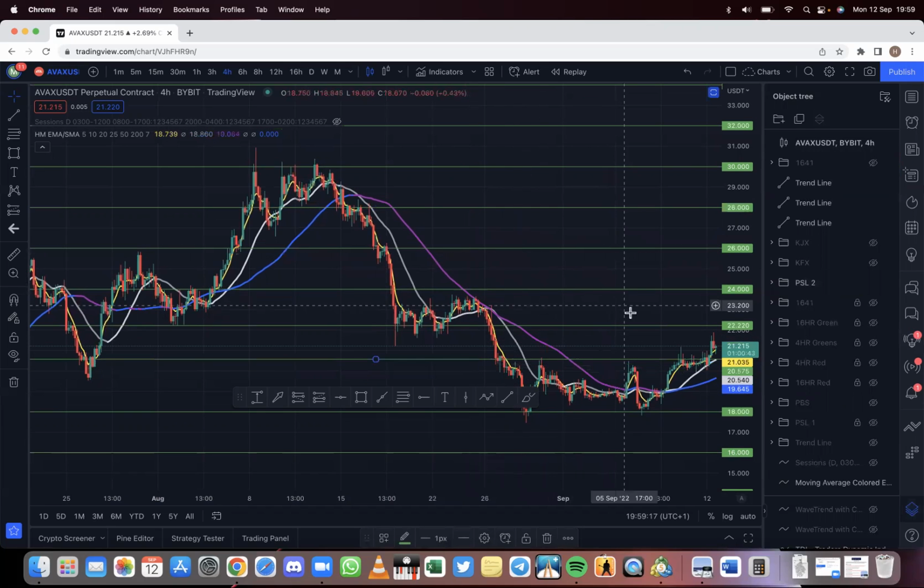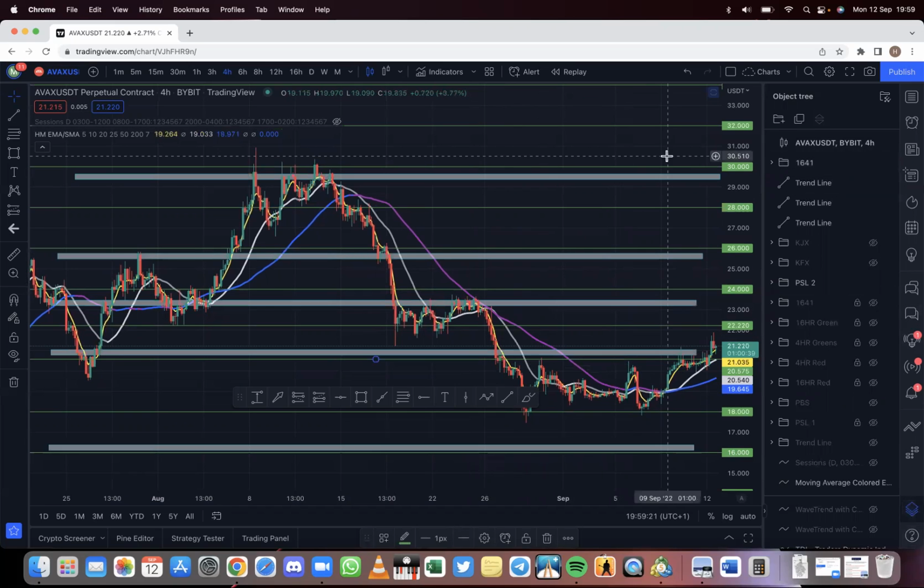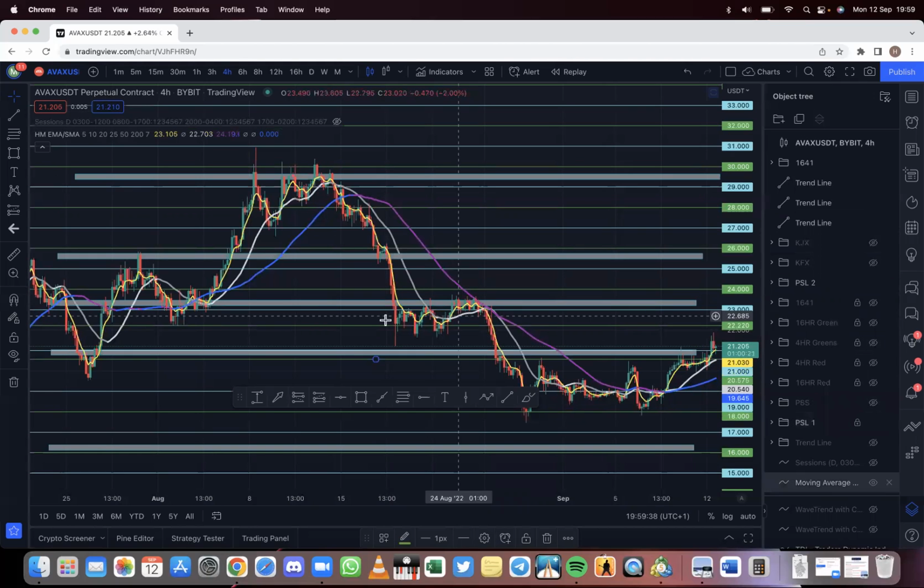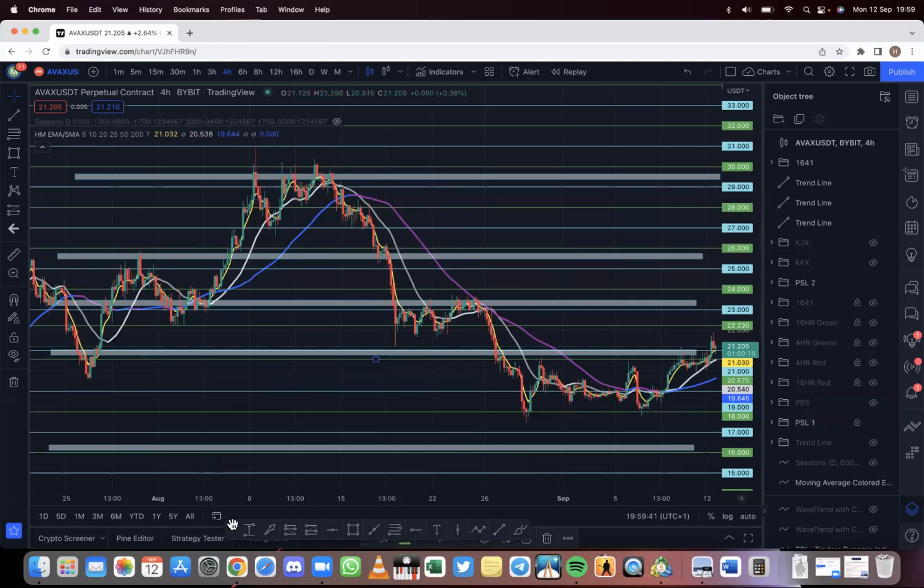Then what we'll do is turn on the 1641, and then we align it to the psychological level. This psychological level 2 is on here, and I'm going to turn on psychological level 1. We'll find the one which sits correctly.